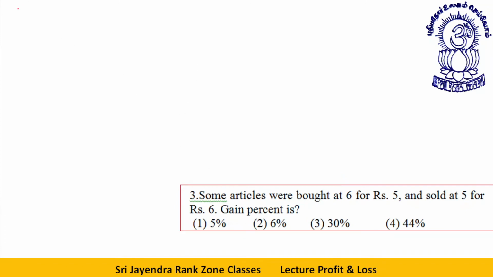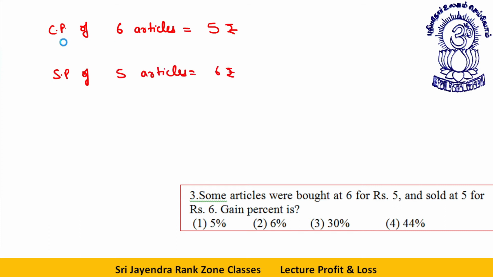See, some articles were bought at 6 for rupees 5 and sold at 5 for rupees 6. CP of 6 articles is 5 rupees. SP of 5 articles is 6 rupees. I will take the LCM. If I take the LCM, I multiply this by 5.